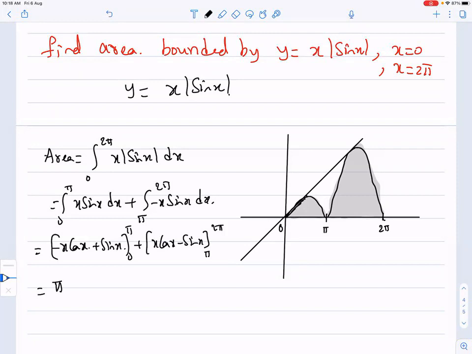When it is 0, we get 0. Plus, when we substitute 2 pi this will be 2 pi, and when I substitute pi, I get minus of minus pi, minus of plus, that will be plus pi. So the answer is 4 pi. Is it clear, students? Yes.